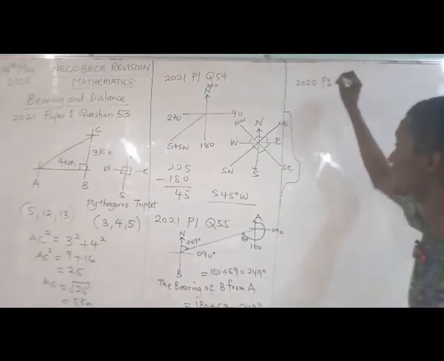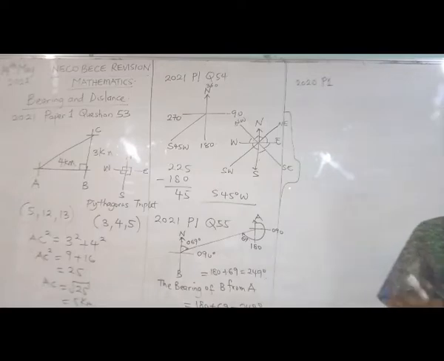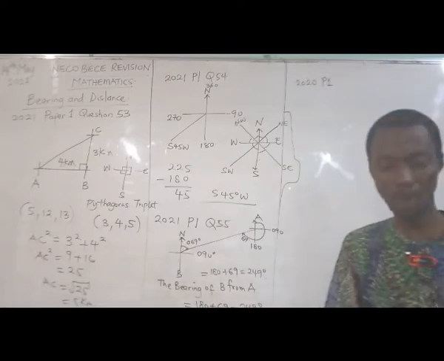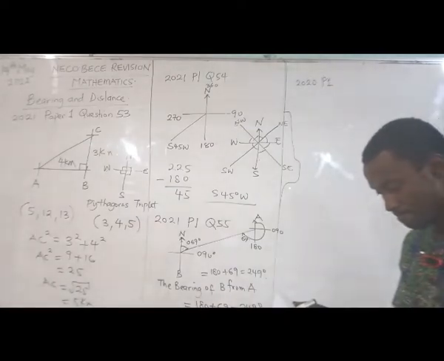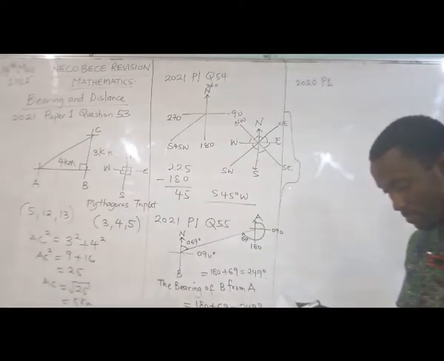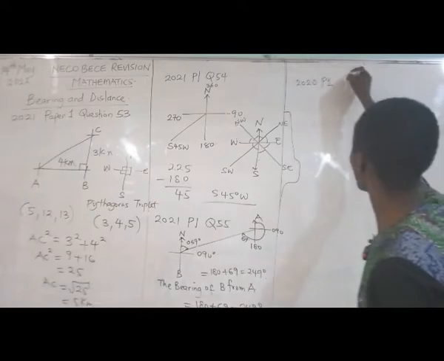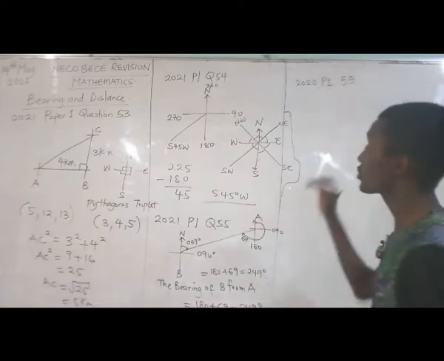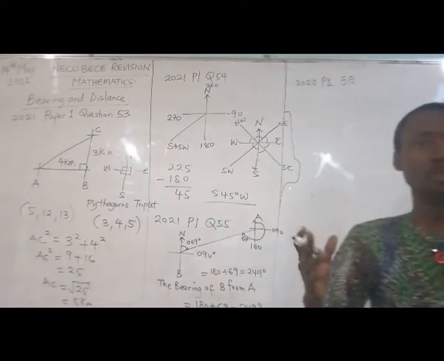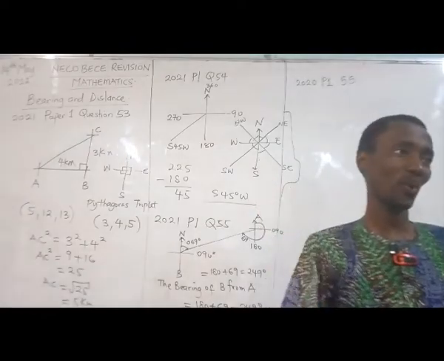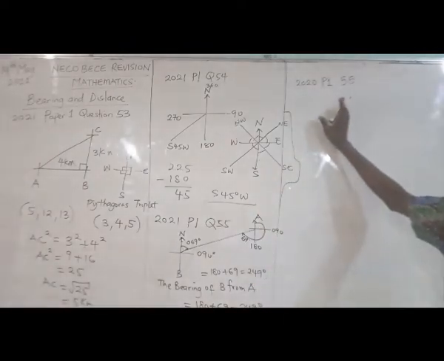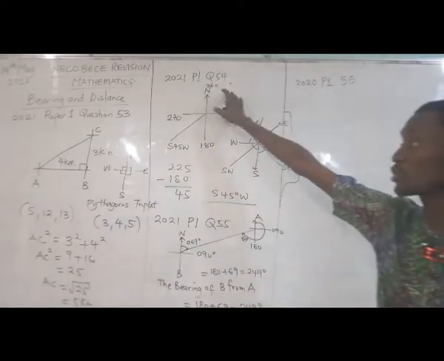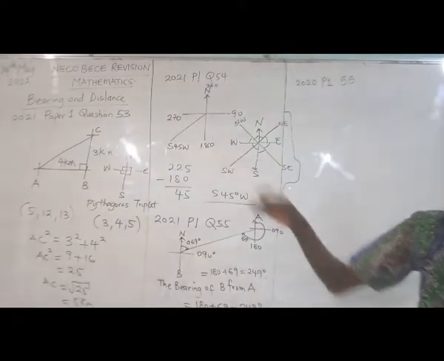So you discover that you now know that these questions you will see them in what? Paper 1. Question 55. And also, as you revise this question, take note of the region where these questions can likely occur. Discover that this one has occurred within the region 53, 54, and thereabout.